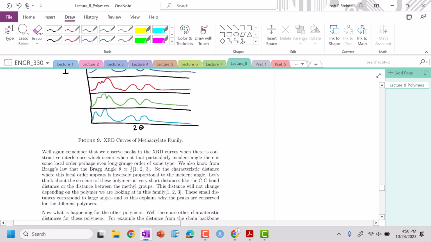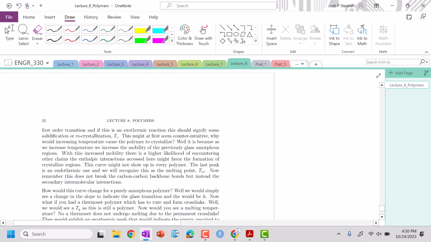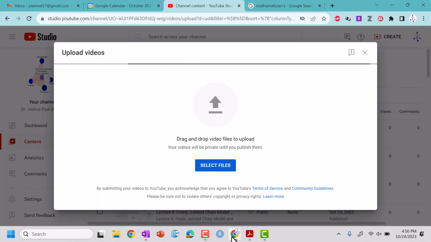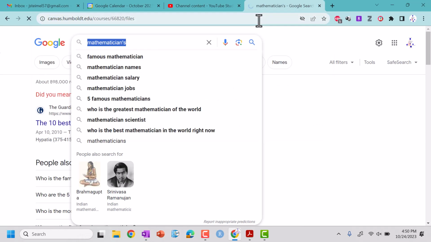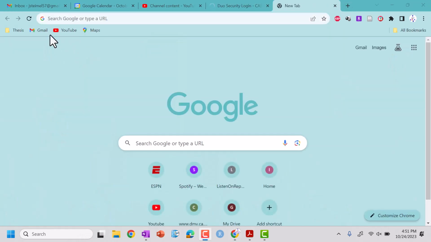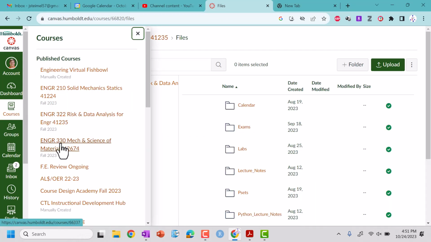We can see this, so I'm going to pull up our lecture notes on Canvas for a second, because it's very important. Canvas. I was looking at mathematicians previously. So let's look at Canvas. Let's look at our 330 lecture notes.